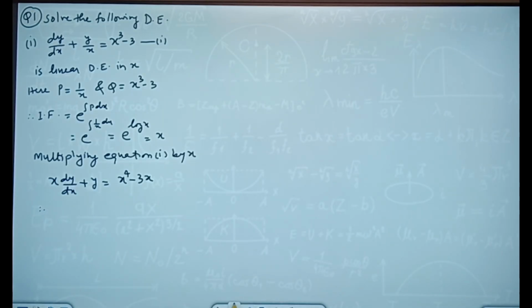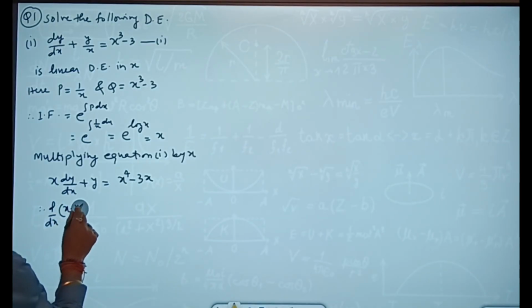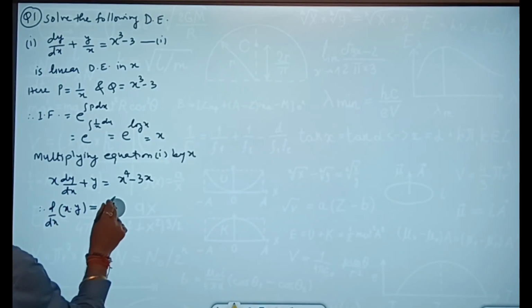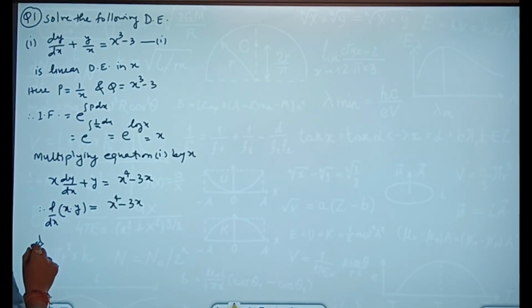Now, when we multiply by integrating factor, then left hand side will be derivative of something. It is d by dx of x into y is equal to x raised to 4 minus 3x.